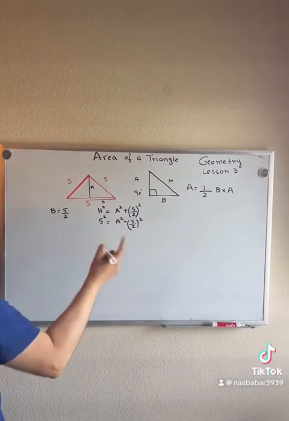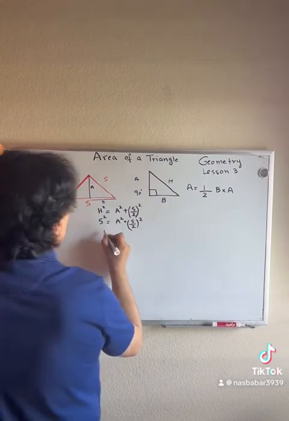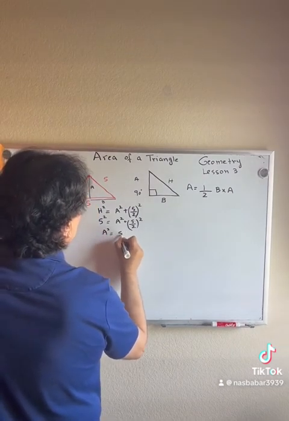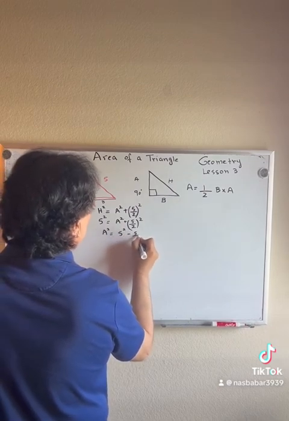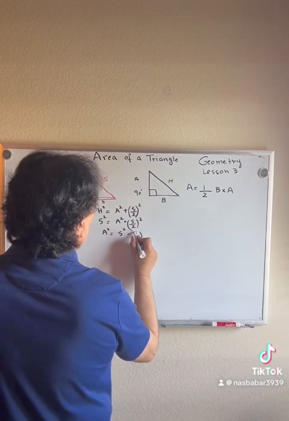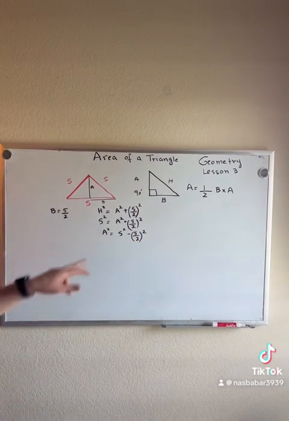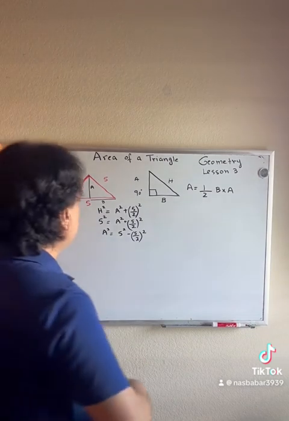Let me rearrange that. Because I'm looking for this A, altitude, A square is equal to 5 square minus 5/2 square. All I'm doing is just doing some algebra so I can isolate altitude A and then find the value of that.